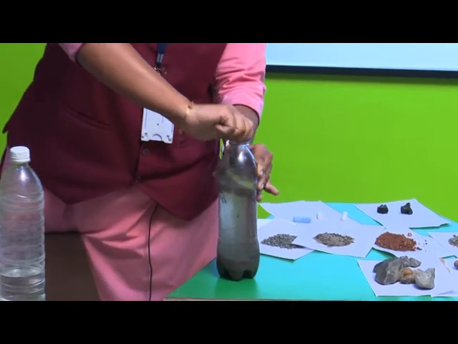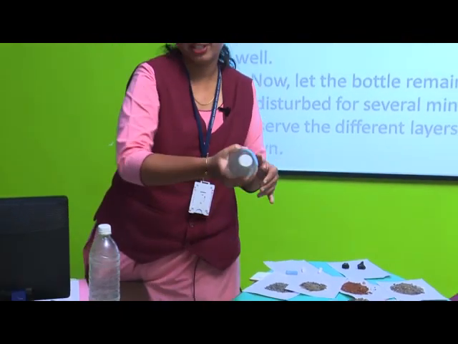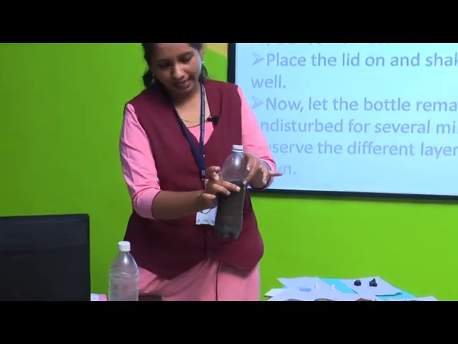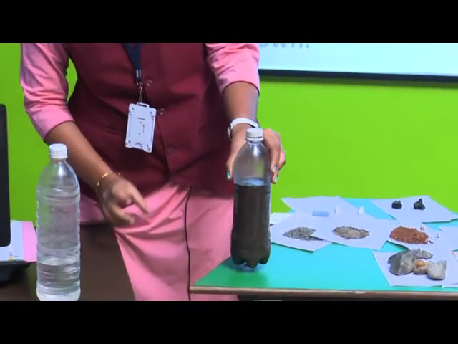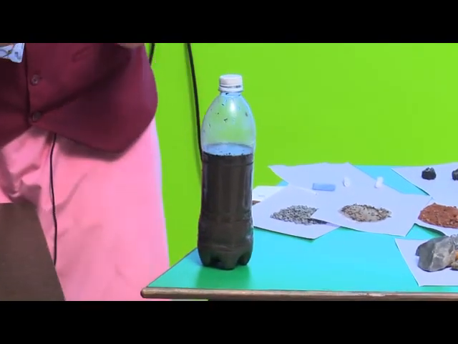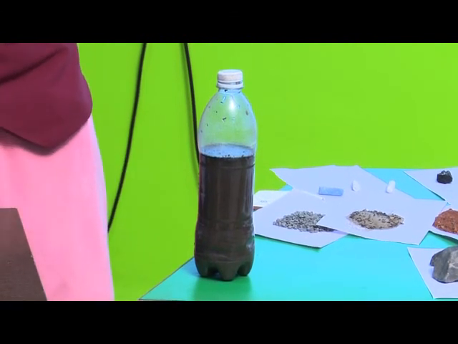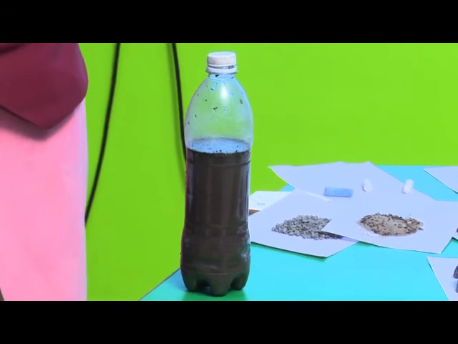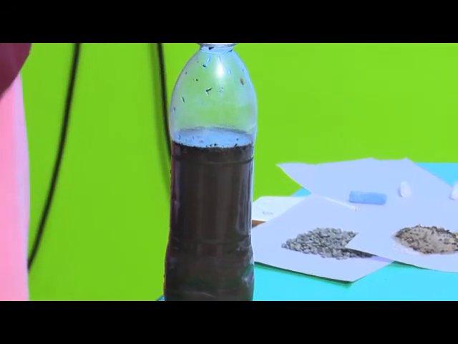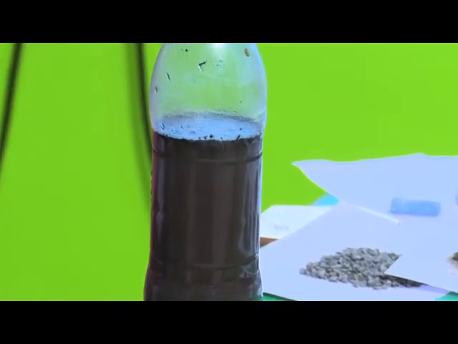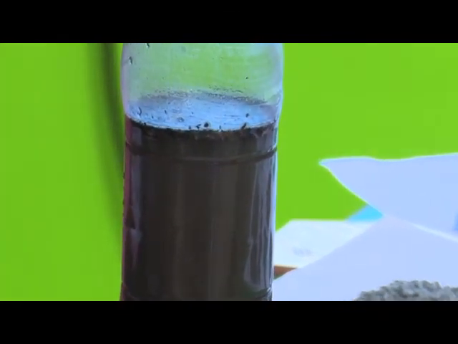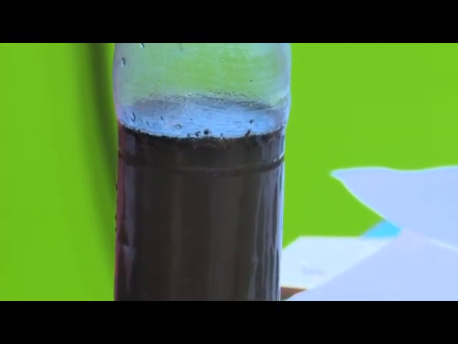Okay. Enough. Now what is the fourth step? Now let the bottle remain undisturbed. We should not touch it. Undisturbed for several minutes. For some minutes we have to keep it as it is. Then at the end we have to observe the different layers that settle down in this bottle.